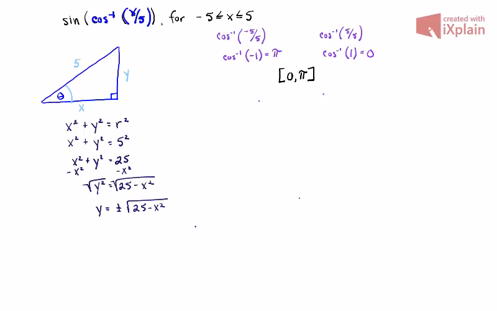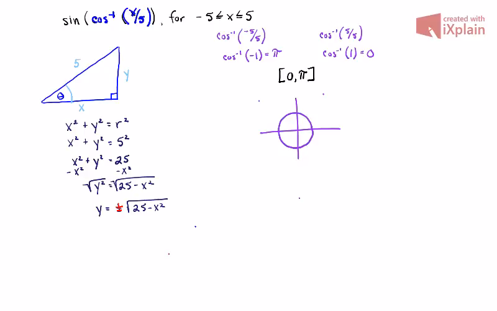Okay. The next thing that we need to do is decide whether we are working with a plus or a minus here. Remember we're looking at our y value. Well, here's where our restriction comes in, okay? If I do a quick unit circle here, that's not too bad.